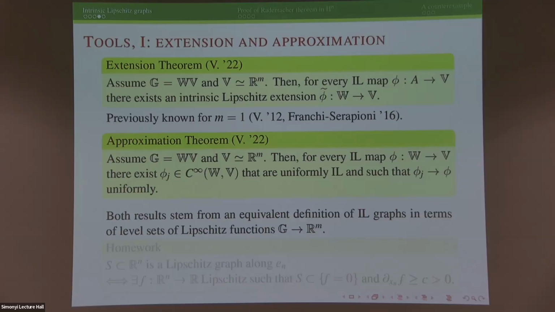Of course, in general, this has not so much meaning, because any closed set can be written as the zero level set of the distance from itself, right? So what's stated here is clearly false. It's not true that a subset of Rn is a Lipschitz graph along, say, the last direction En, if and only if it can be written as the level set of a Lipschitz function.